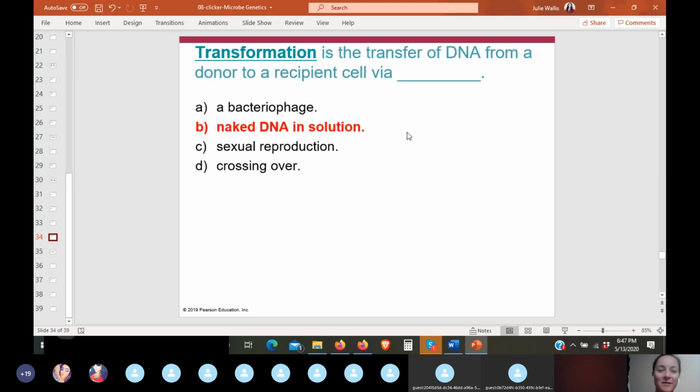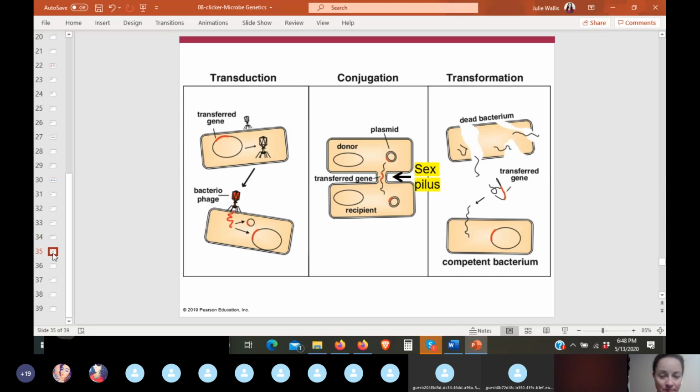But what happens is a bacteria, once it dies, its membrane will break down and its genetic material will be released into the solution, and new bacteria can take up that genetic material and incorporate it into a plasmid or even into their chromosomal DNA. So this video walks through the process of transformation.